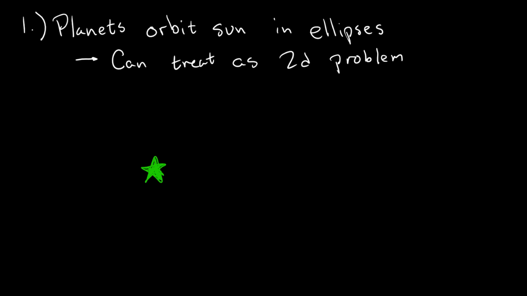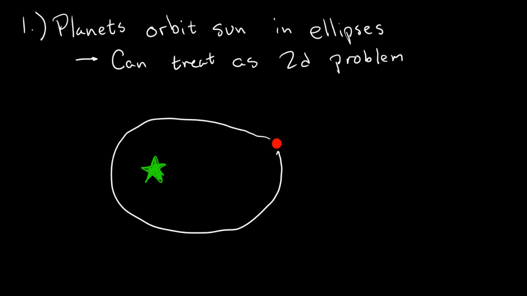Our sun sits here, and we have some planet going here, and it's orbiting around the sun in this elliptical motion.